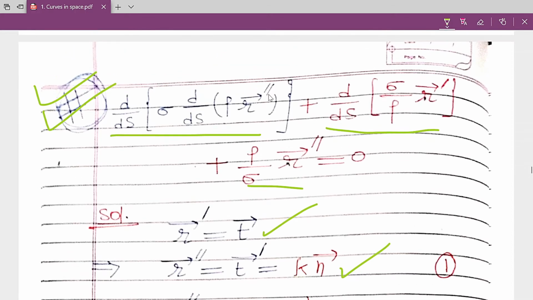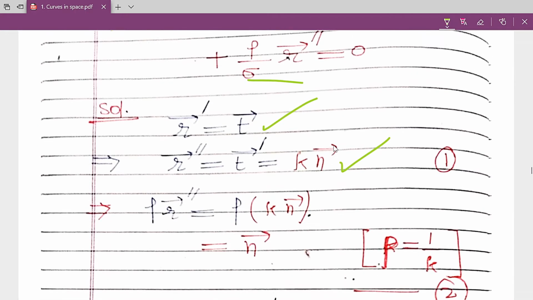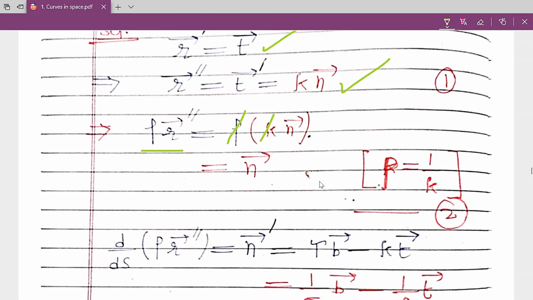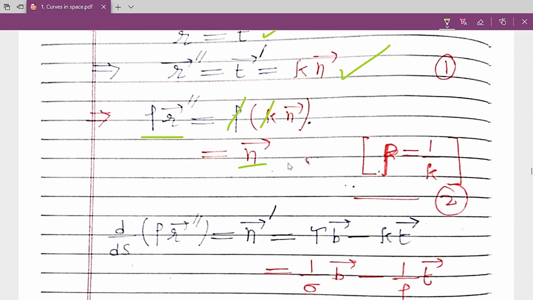Now, from this, our purpose is to find this. What is it? It is rho r dash. Clear? So, what is the value of rho r dash? Rho kappa n. We know that rho is the reciprocal of kappa. The kappa is reciprocal of rho. So, these two terms cancel each other. We get this is n vector.